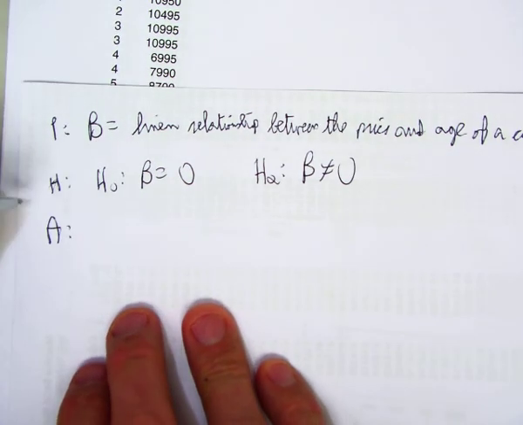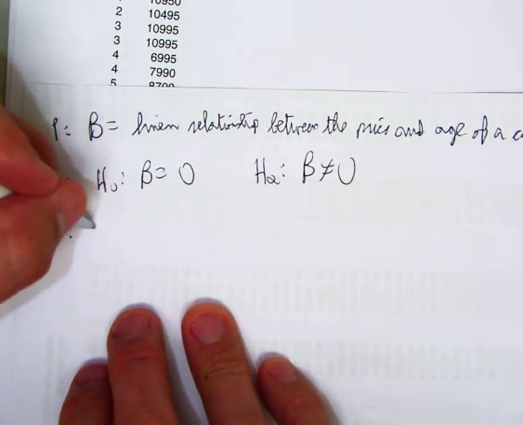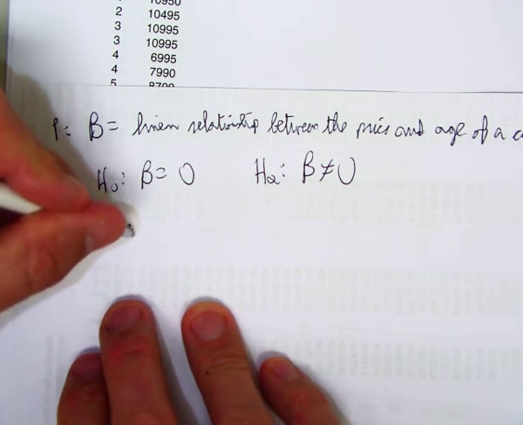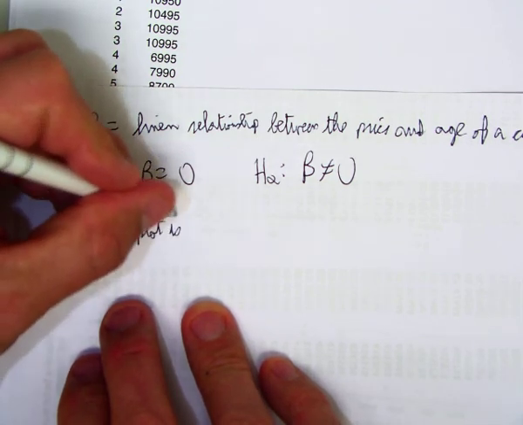The assumptions and conditions. The plot is straight enough. So the scatter plot is straight enough.